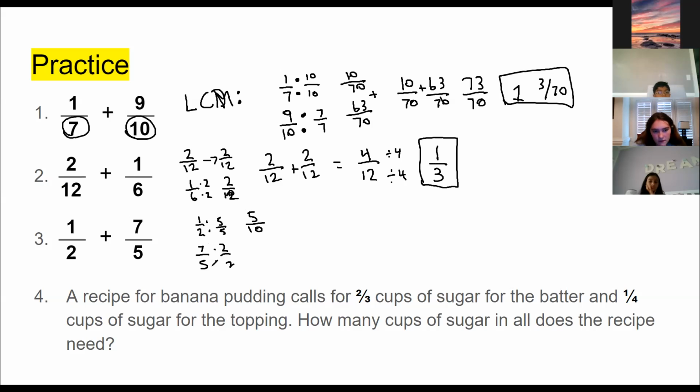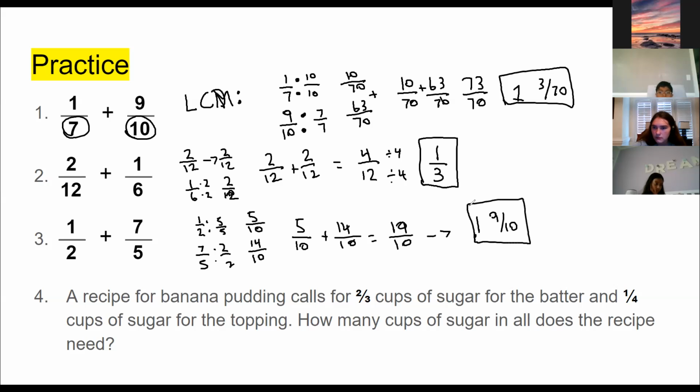And 7/5 times 2 is 14/10. So if we add these two, 5/10 plus 14/10, we get 19/10, which is also 1 9/10. Is this slowly starting to click a bit?